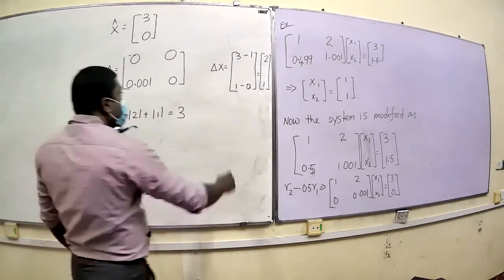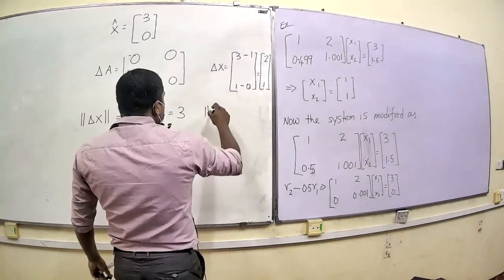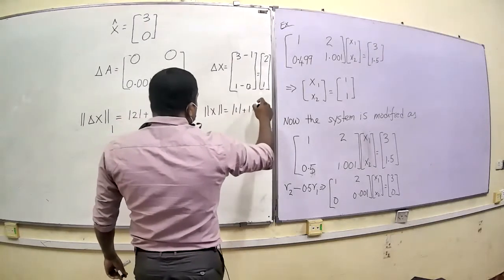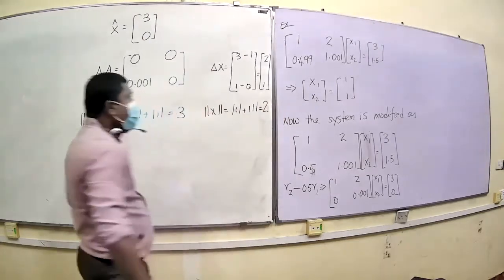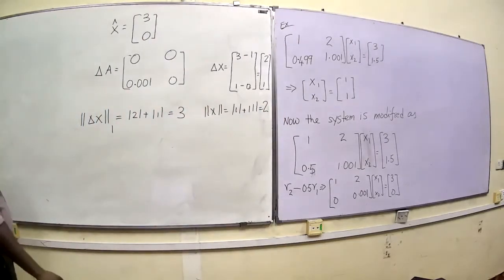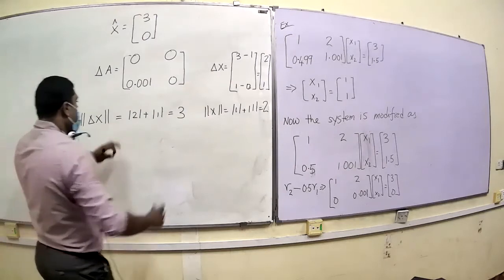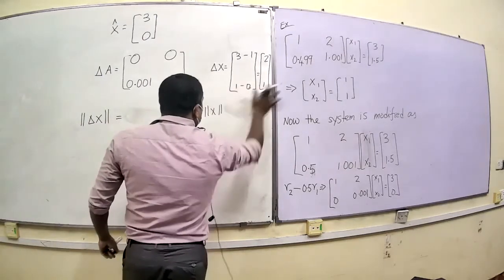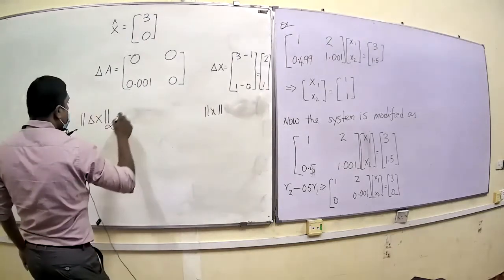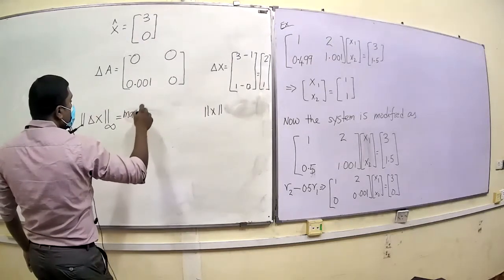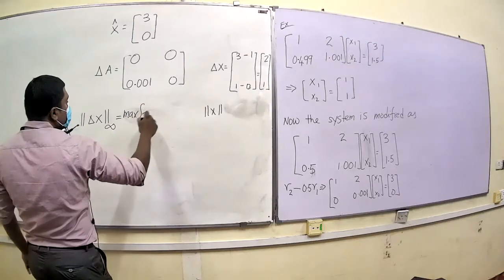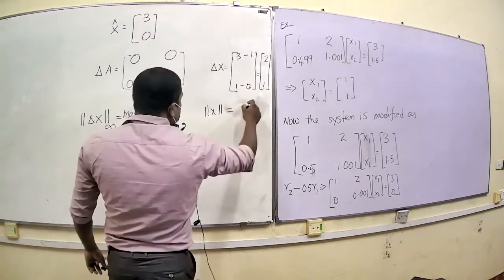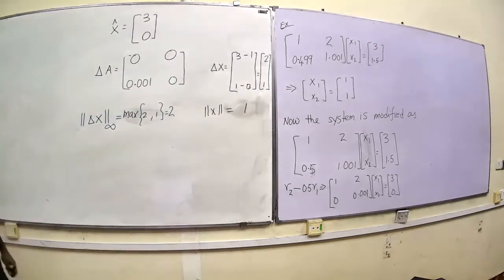Norm of x is 1 plus 1 is 2. Or the infinity norm now, that is easy. So we will take the infinity norm. It is the maximum of 2, 1, that is 2, and this is 1.